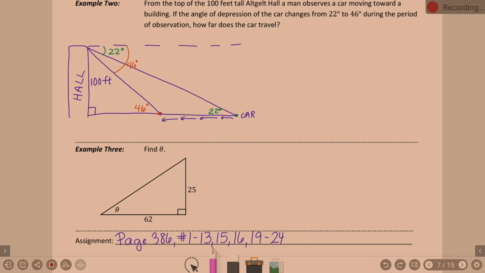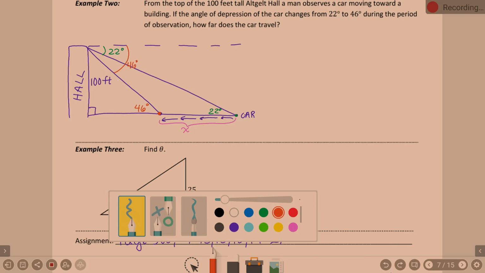So we're being asked to find, I'm going to call it X. Now, is that the side of a right triangle? No, it's not. We're going to do trig functions multiple times. So here's what we're looking at, guys.